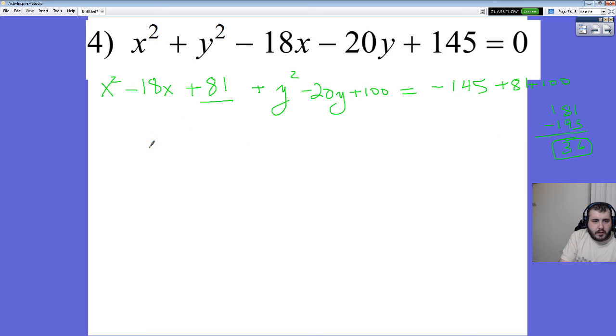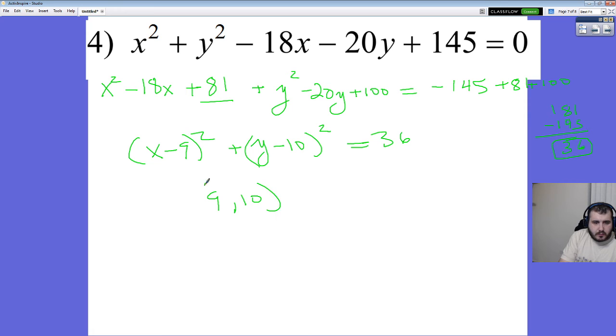So we end up with x minus 9 squared plus y minus 10, the quantity squared, equals 36. And so again, center and radius. Center is 9, 10. Radius is 6.